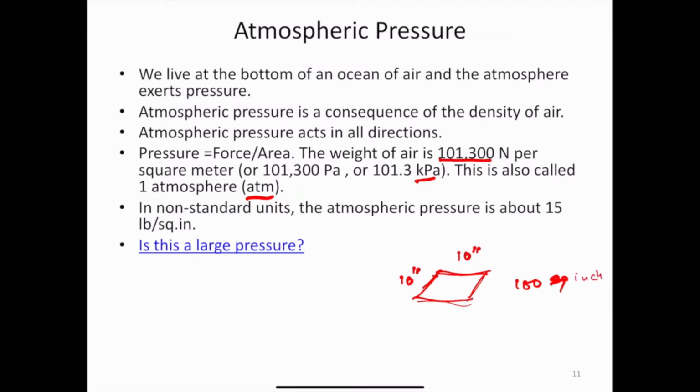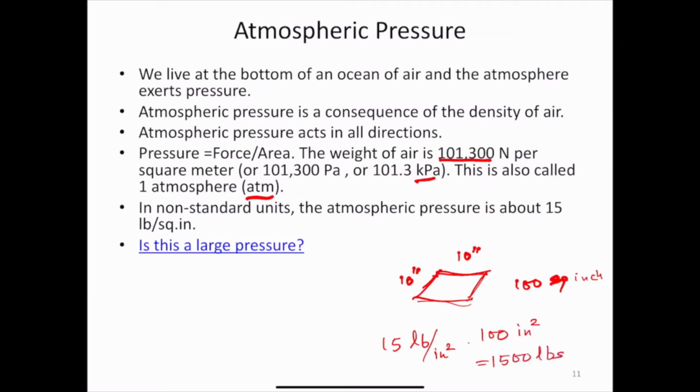What is the atmospheric pressure on one side of this sheet? The atmospheric pressure is 15 pounds per square inch. So the force exerted by the atmosphere on this sheet of paper is going to be 15 pounds per square inch multiplied by 100 square inches, which is going to be 1500 pounds.